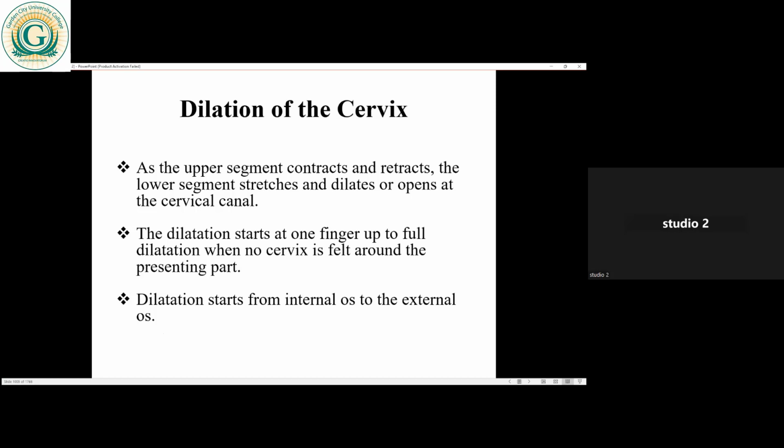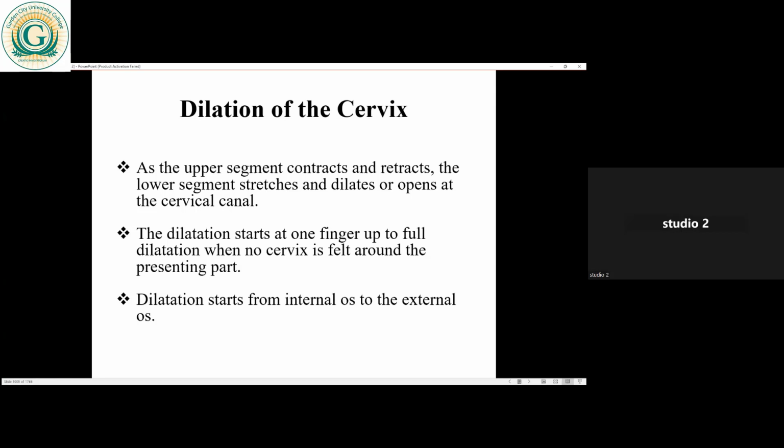As the upper segment contracts and retracts, the lower segment stretches and dilates or opens the cervical canal. The dilatation starts at one finger up to the full dilatation, when the cervix is no longer firm.